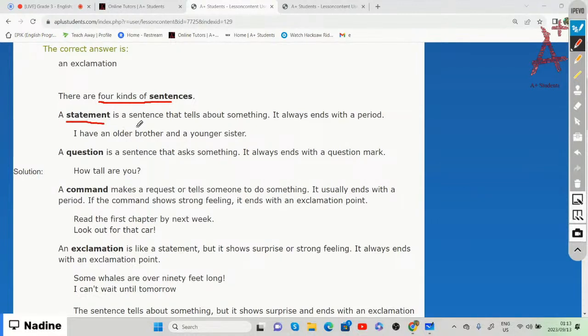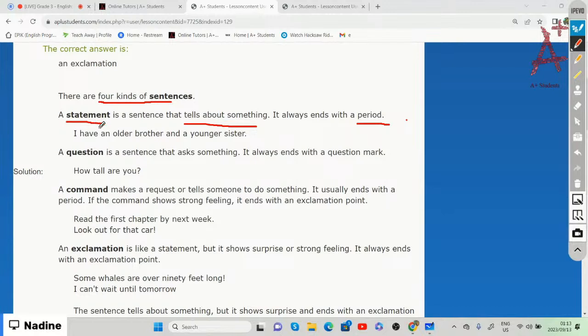And a statement is a sentence that tells about something. And with a statement, it always ends with a period. And a period is a full stop. And an example of a statement is, I have an older brother and a younger sister.